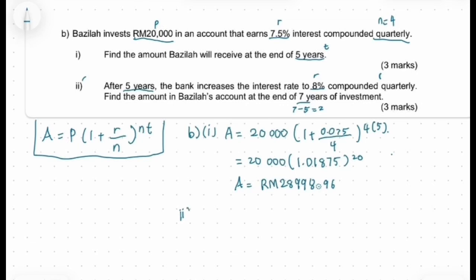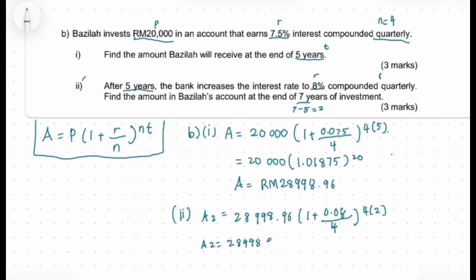For question 2 Roman, I have to grow the amount I just got for 2 more years at 8% compounded quarterly. So that's it. The final answer is RM33,976.90.